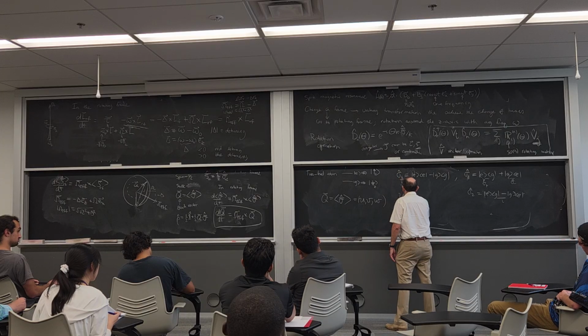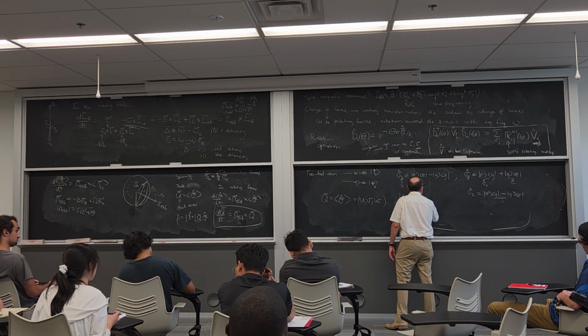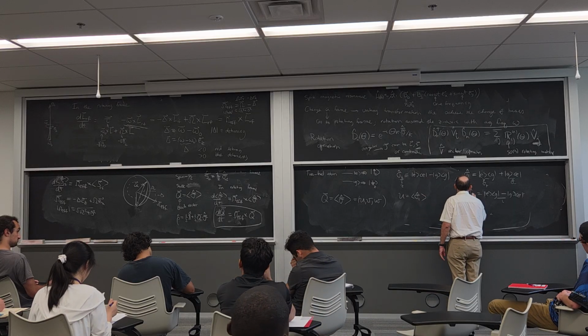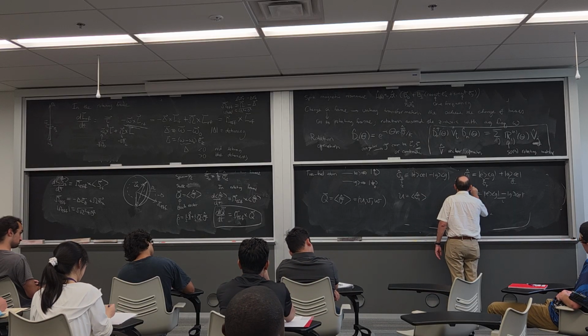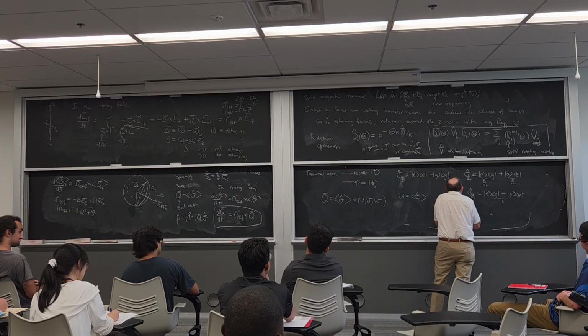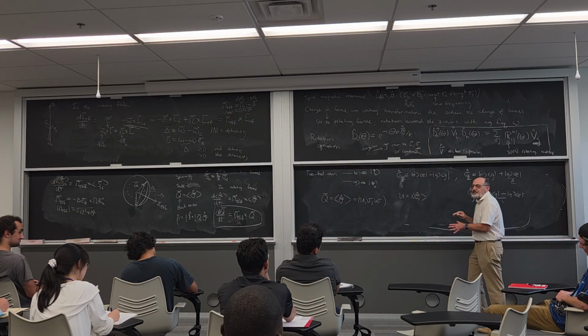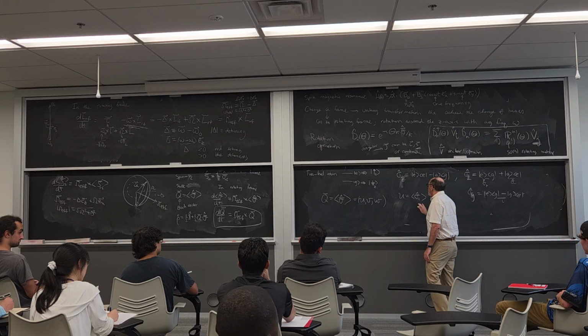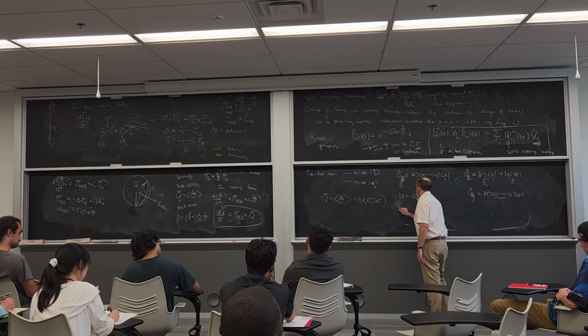So u is the expected value of sigma x, or sigma y. I'm going to call them x, y, and z. But again, I want to emphasize this has nothing to do with any physical direction. It's just the algebra of the Paulis. So let's look at this guy.